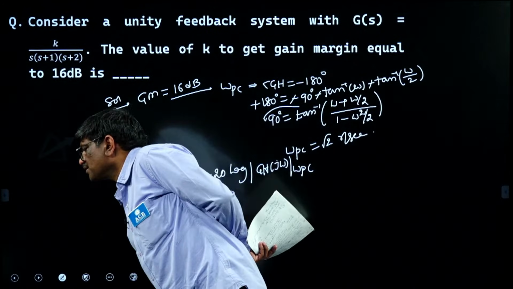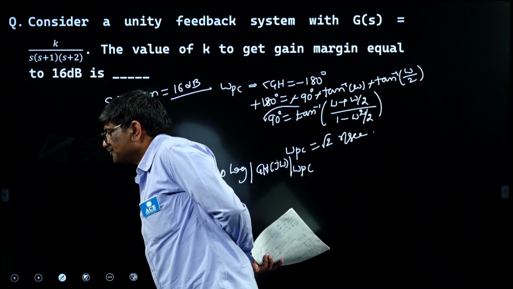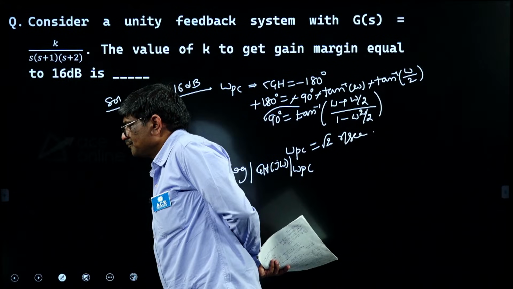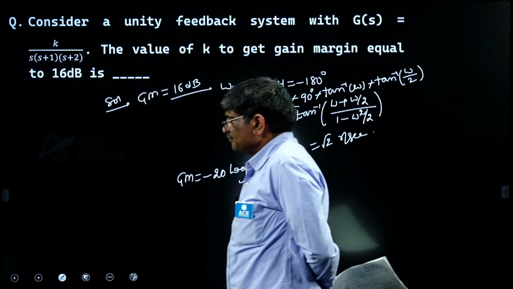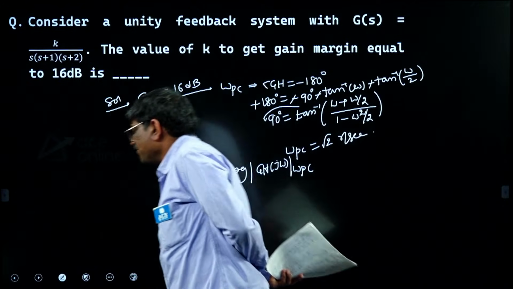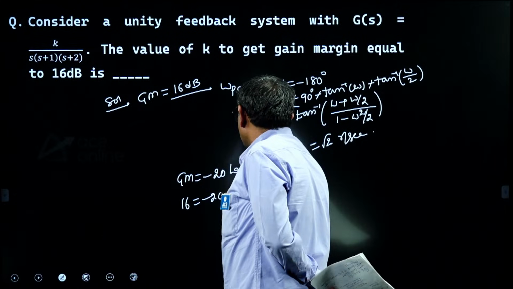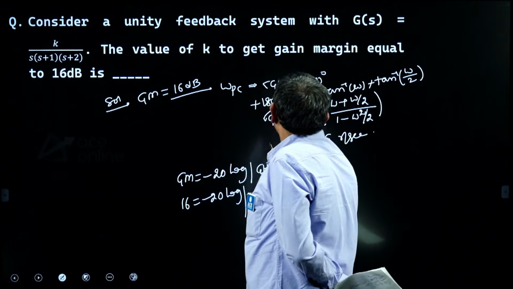How much? Plus or minus root 2. 0.95, very good. So here 16 equal to minus 20 log of magnitude, right?